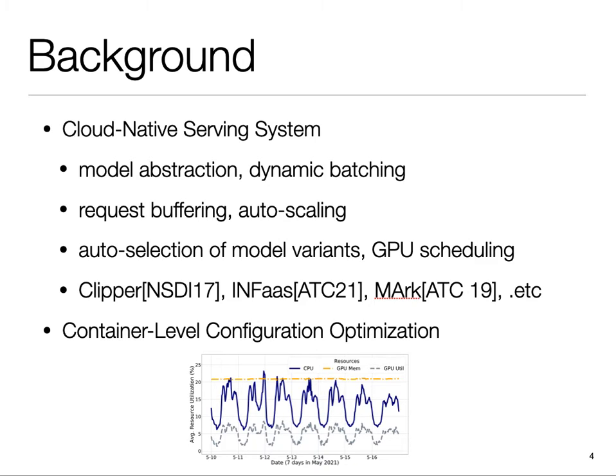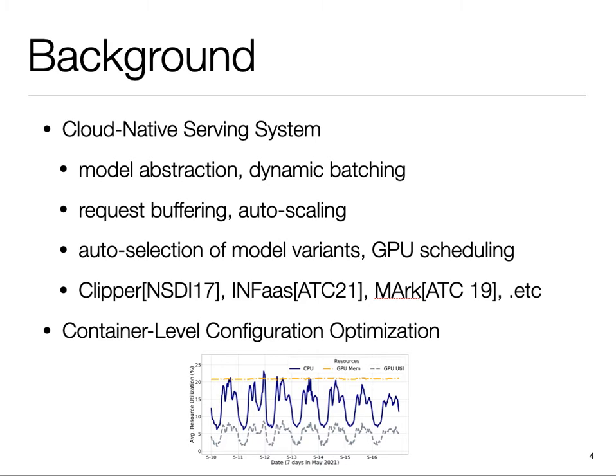Existing model serving systems support dynamic batching, inference buffering, replica auto-scaling, and auto-selection of model variants. However, we found that efficiently deploying inference services at the container level in the cloud is still challenging.